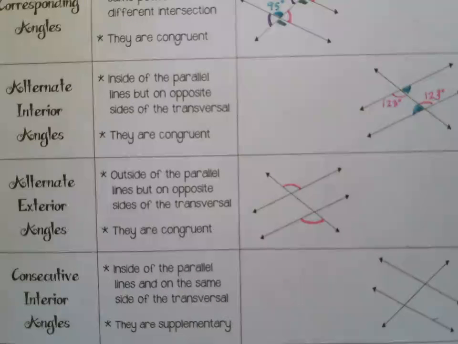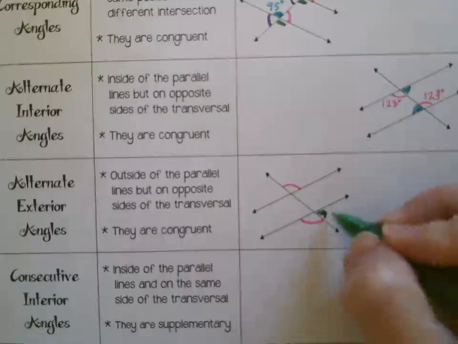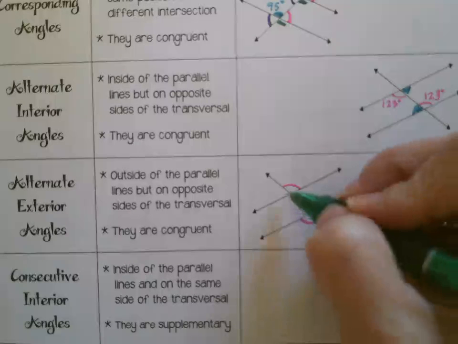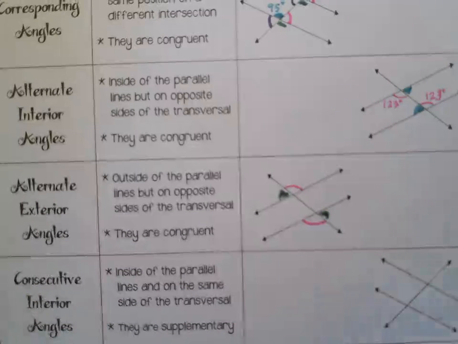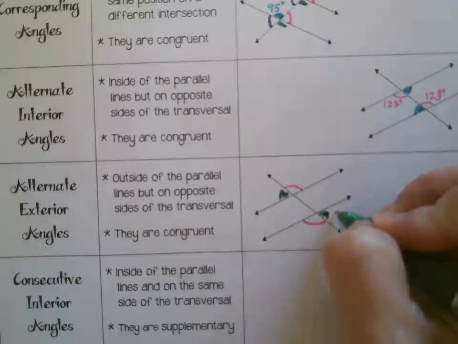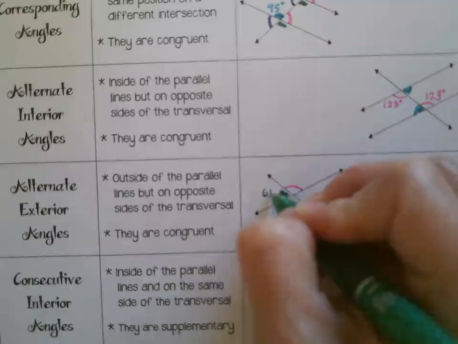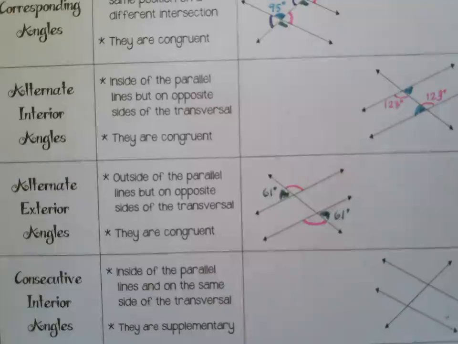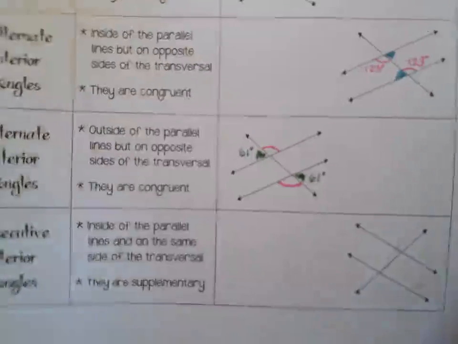And then we have the same thing on this side. So this angle is above the line, outside of the parallel ones. This one is below the line, outside of the parallel ones. And again, if you knew this was 61 degrees, then you know this one is 61 degrees, and that's alternate exterior angles.